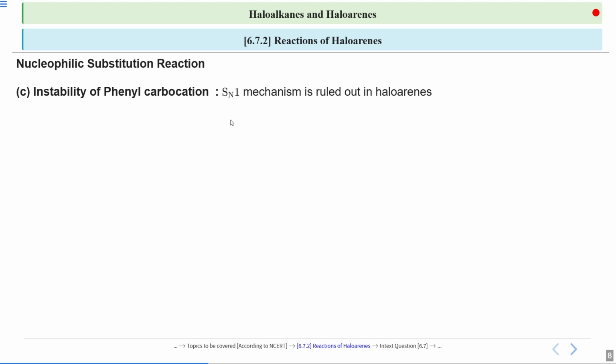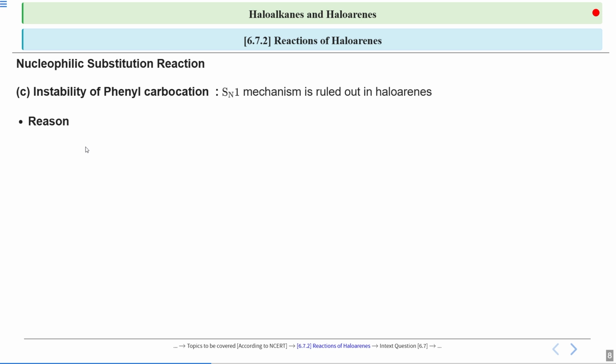This reaction happens in two steps, where the first step involves the carbocation formation and it is the rate determining step, where the rate is dependent upon the alkyl halide concentration, right? In the phenyl case, the carbocation is unstable, due to which the SN1 mechanism is ruled out in the case of haloarenes. So, haloarenes don't show the SN1 mechanism.